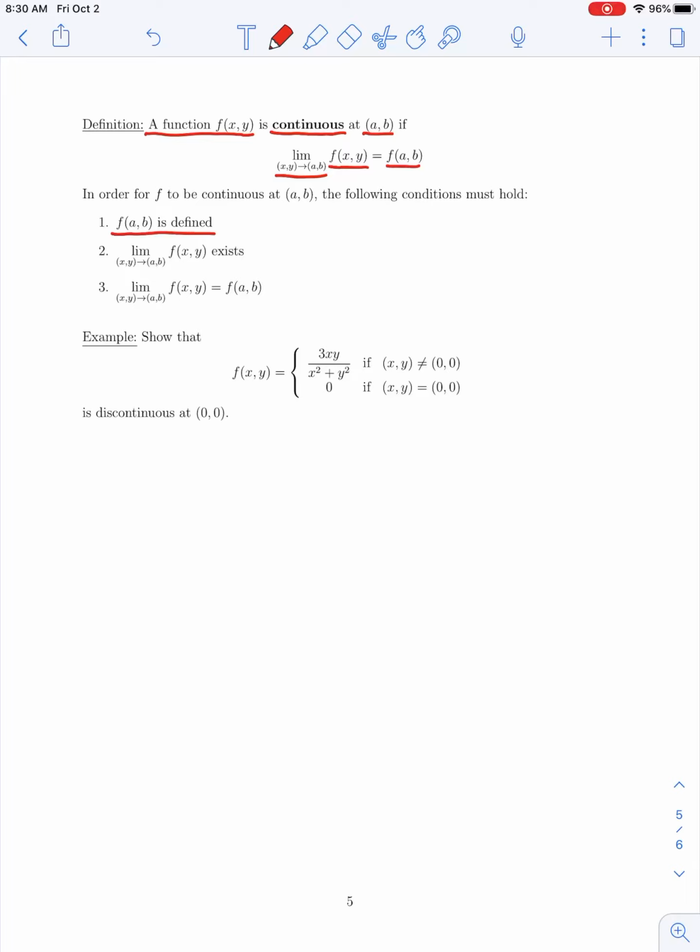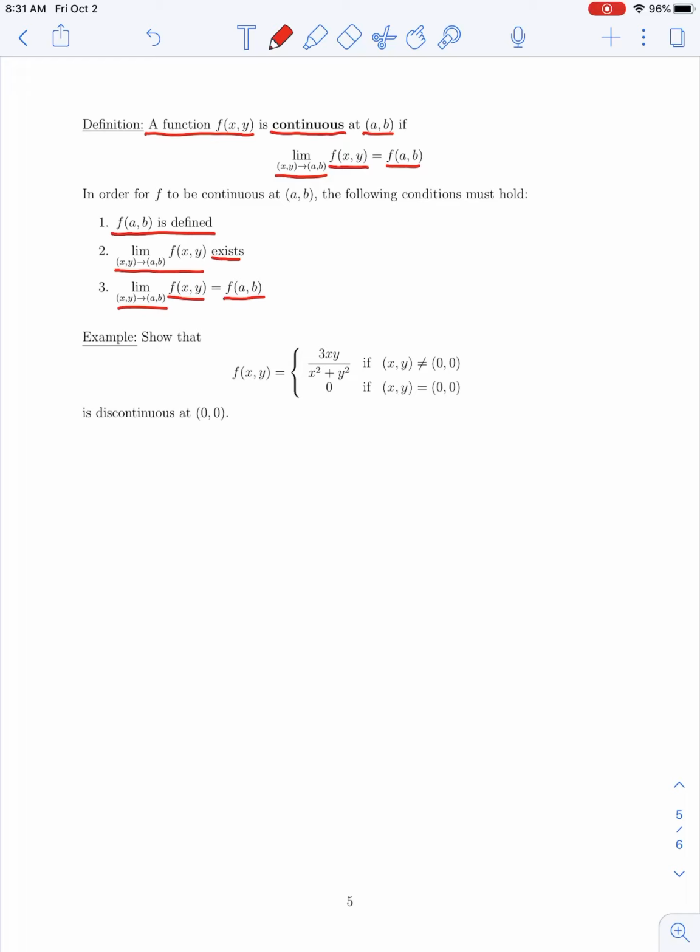The second condition is that the limit of our function has to exist as xy approaches our point of interest a, b. Now, if the function is defined at this point and the limit of our function as we approach a, b exists, then the last condition for continuity is that that limiting value must be the same as the value of our function at that point.